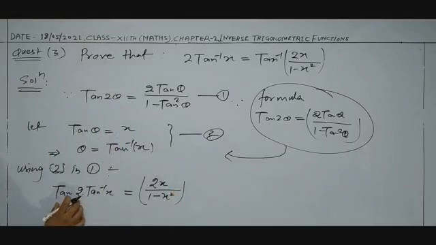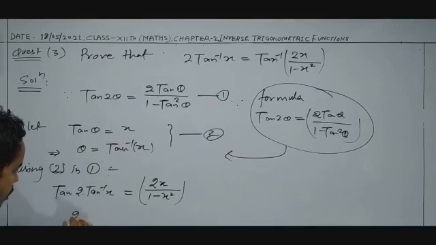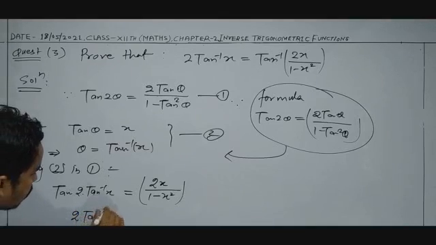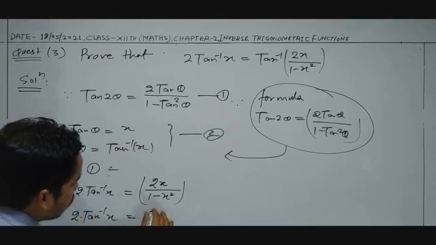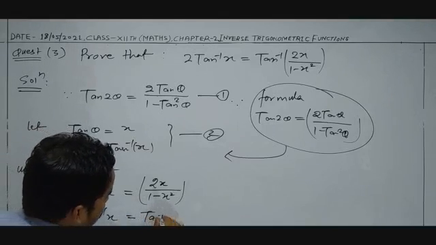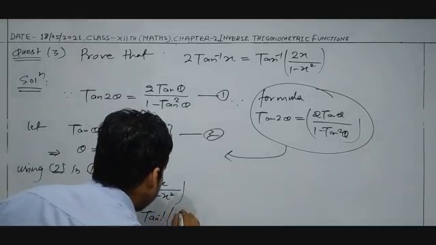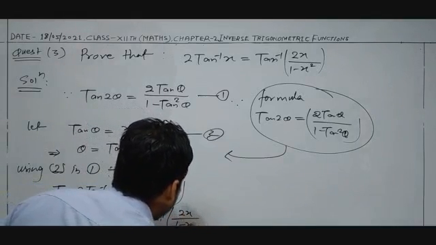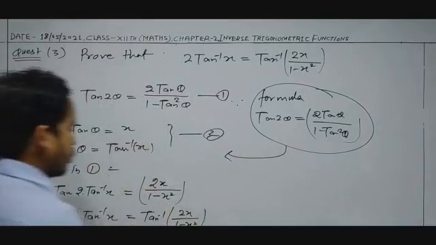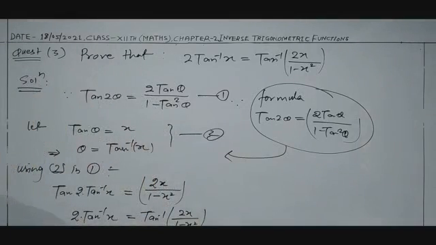If I operate tan inverse on both sides, then the result will be 2 times tan inverse x is equal to tan inverse of 2x whole upon 1 minus x square. So this is our proof.